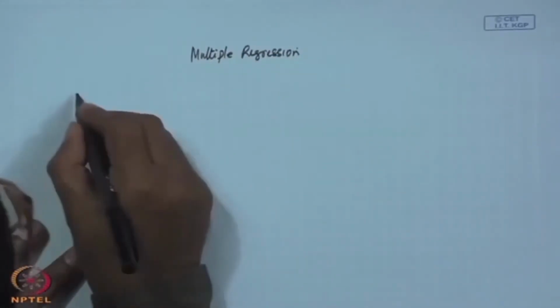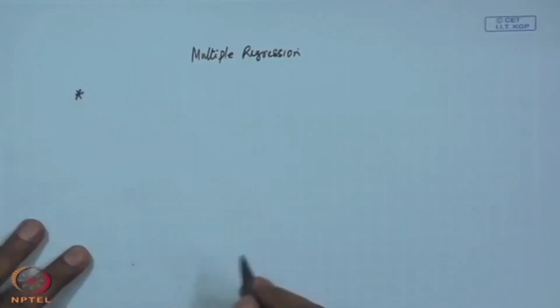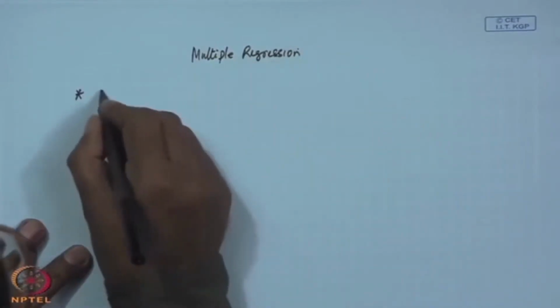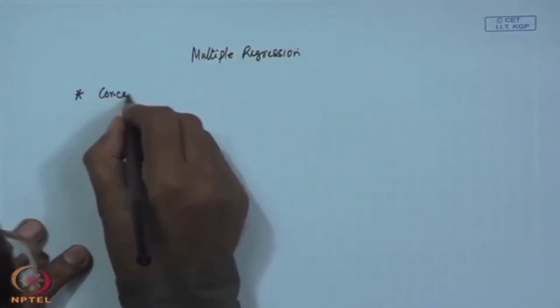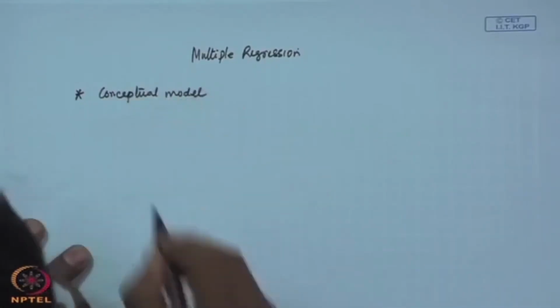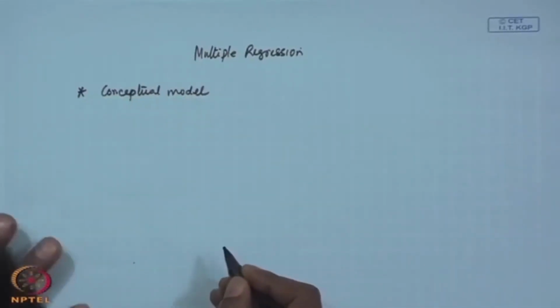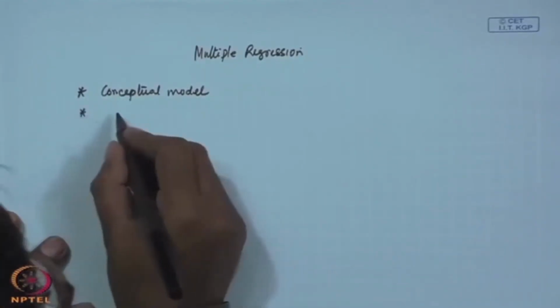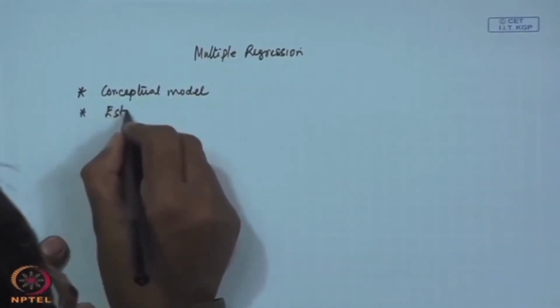The contents of multiple regression are: first we will start with a conceptual model. Then we will describe the estimation of parameters.